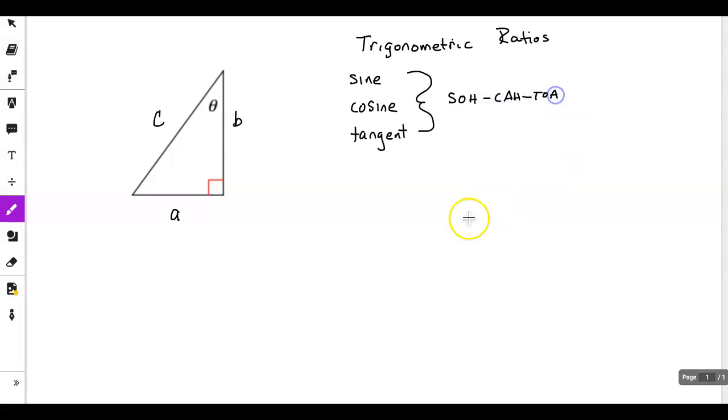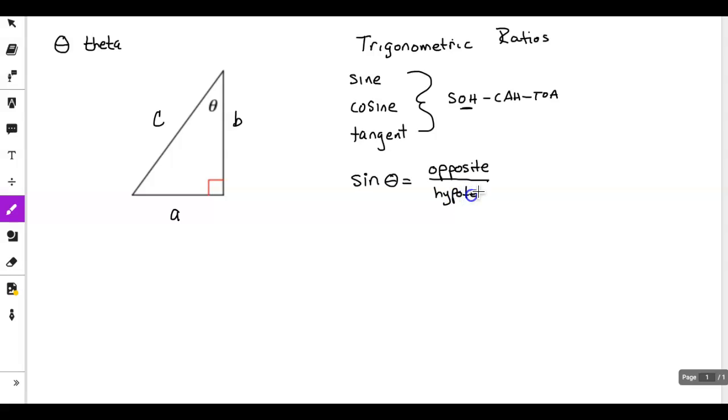The reason you memorize that is if you wanted the sine of an angle, this little symbol right here is the Greek letter we use most often for angles, called theta. The sine, abbreviated SIN, of an angle is the side opposite that angle, the O in SO, divided by the hypotenuse.